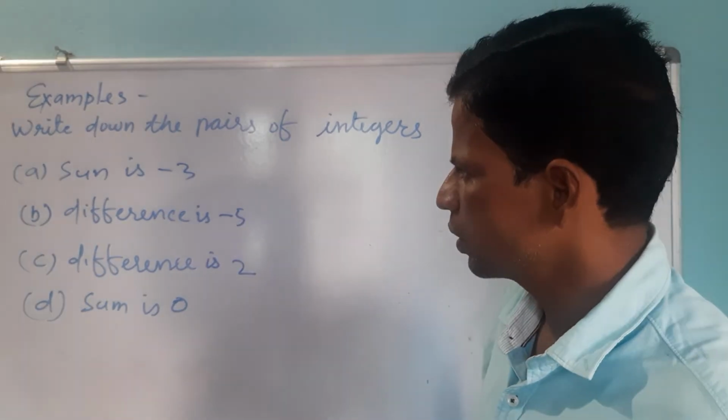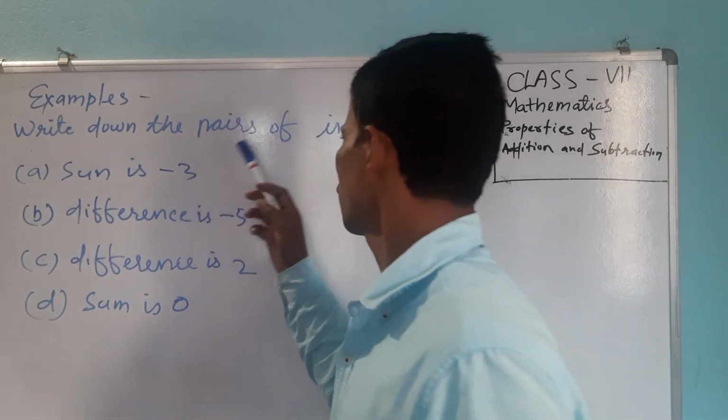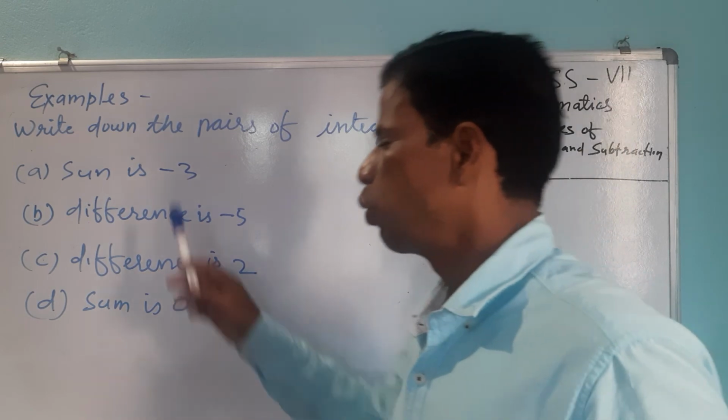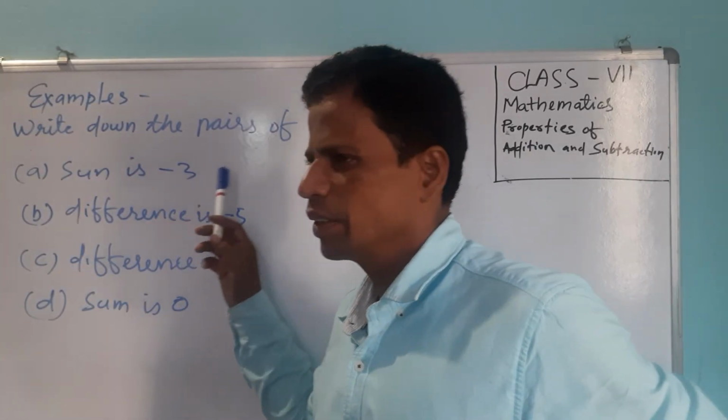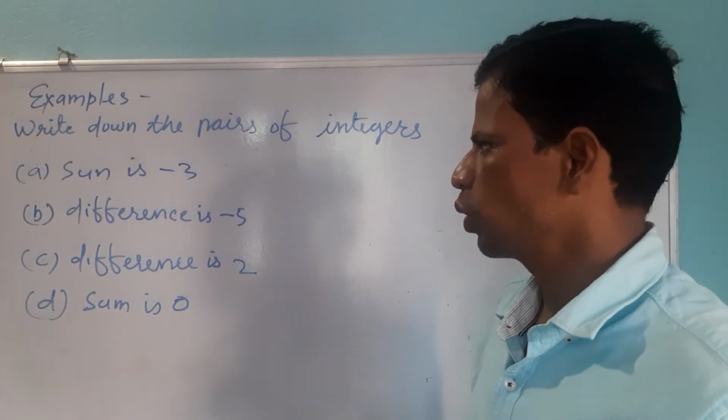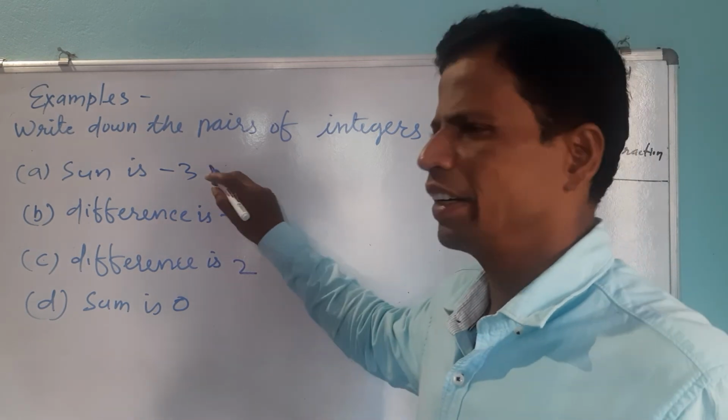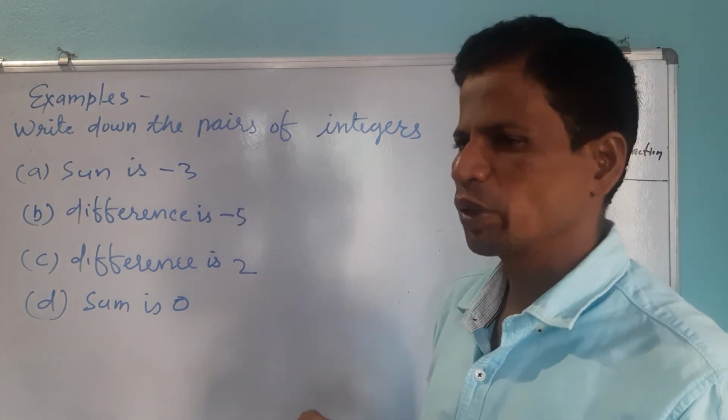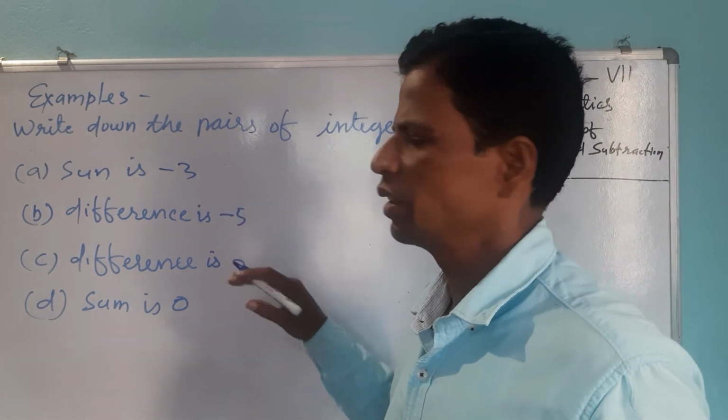Now examples. Write down the pairs of integers whose sum is minus 3. So we have to find any two numbers to get minus 3.